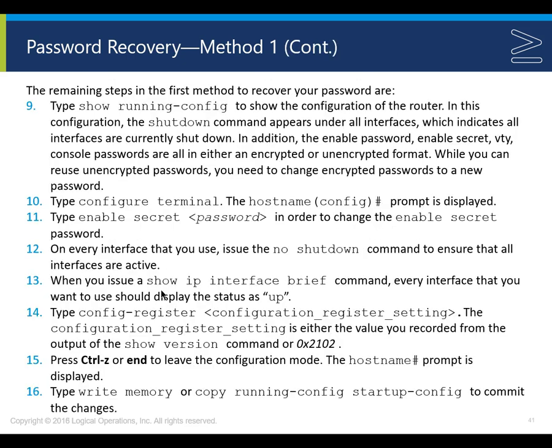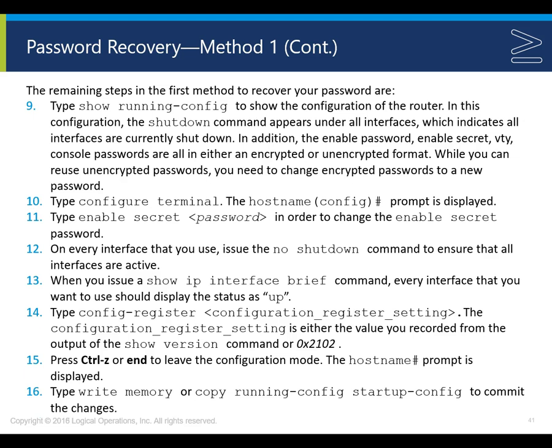And then after we get over here, we do the same thing. We copy the startup to the running, change the password, save the running to the startup configuration file, and then change the configuration register back. A lot of steps there, kind of, sort of, but you can recover the password if you have physical access, which goes back to the security of things.